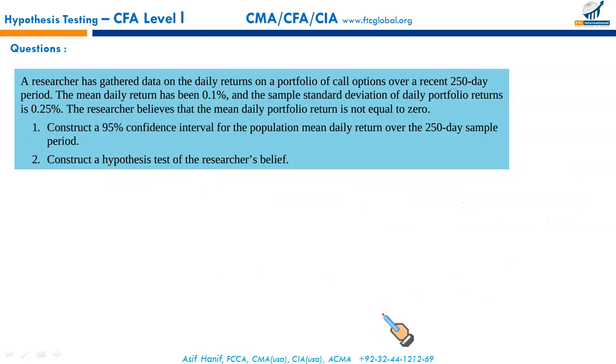All right, now let's do the second part. Construct a hypothesis test of the researcher's belief. First of all, we need to specify the null and alternative hypotheses. That's the first step. The null hypothesis here is the one the researcher expects to reject. So the null hypothesis is that the mean is equal to 0, and the researcher believes that it is not equal to 0.